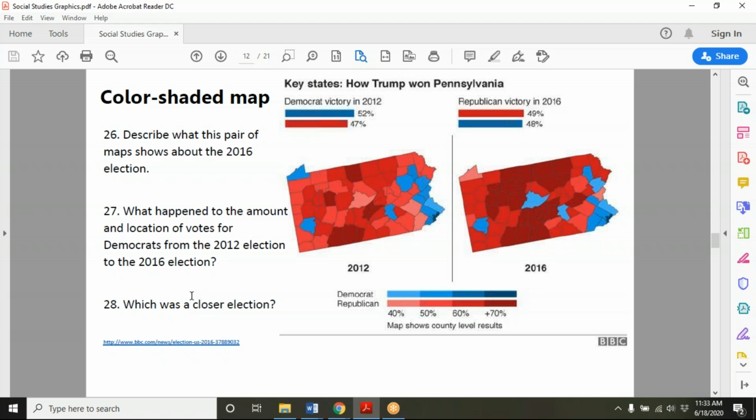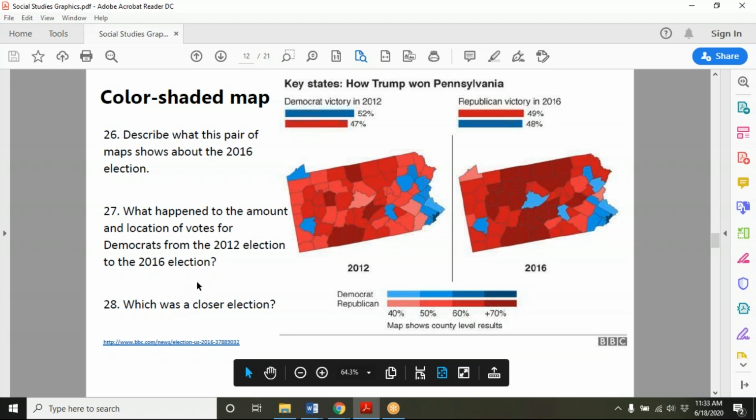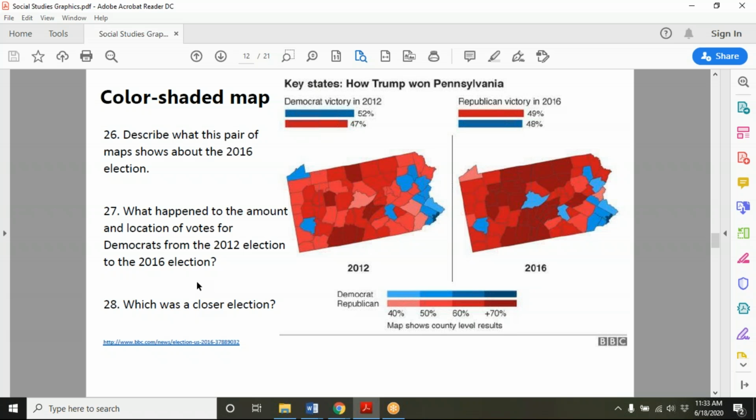Okay, so number 28, which was a closer election? Which was the outcome closer? 2016, right? Barack Obama, the Democrat in 2012, won the state of Pennsylvania 52% to 47%.